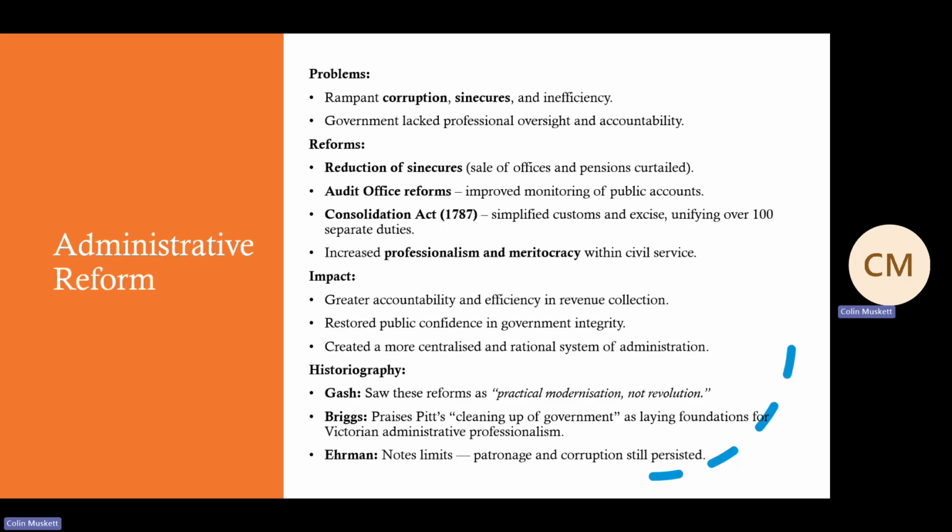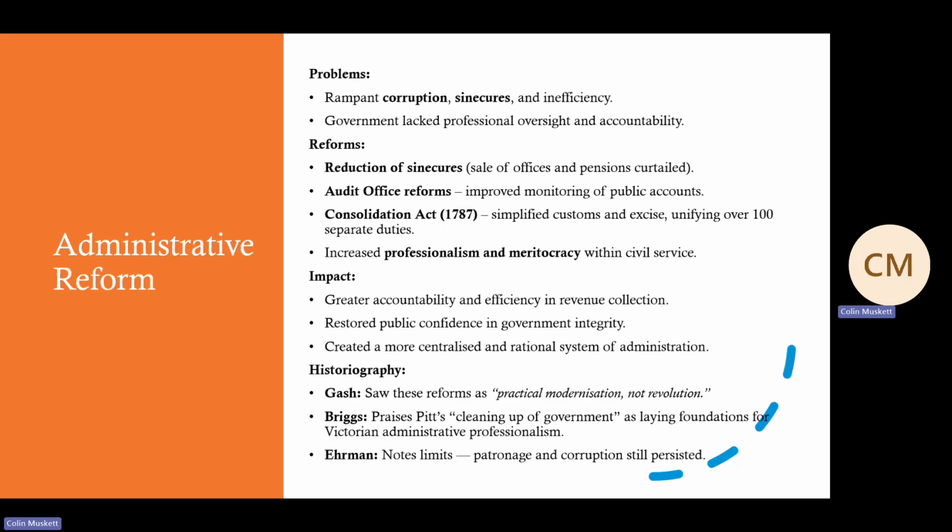But if you remember, what was a sinecure? What was a sinecure office? It was effectively a position with a very competitive salary that was often handed out to MPs to gain their support, but required little to no work. What we would call by today's standards a cushy job.